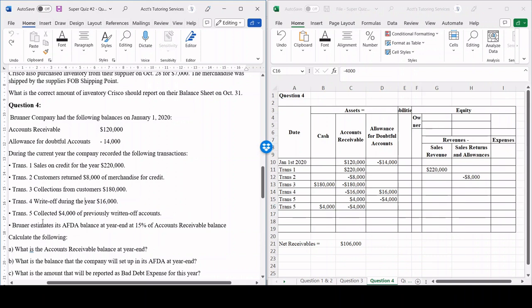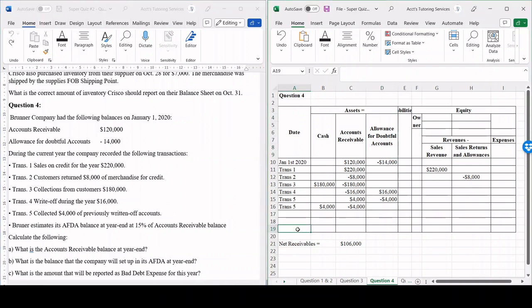Then they're saying that this company estimates its AFDA. AFDA stands for allowance for doubtful accounts. So this company estimates its AFDA balance at year end at 15% of the accounts receivable balance. Okay. So what we're going to have to do now is calculate the totals. Let's calculate it for cash: 180,000 plus 4,000.